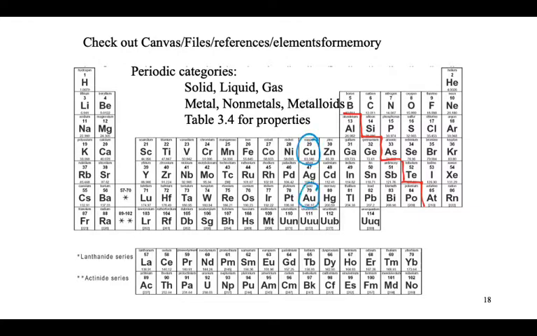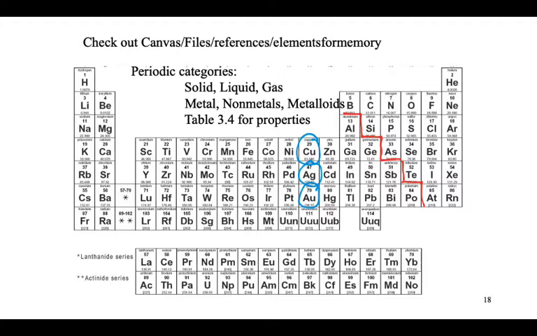Copper, gold, silver. You all acknowledged they were metals. Where are they? On the left-hand side, which means the right-hand side must be non-metals. Where are the metalloids? On the staircase, in the transition point between metals and non-metals.